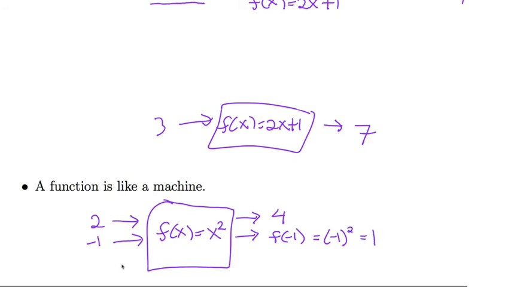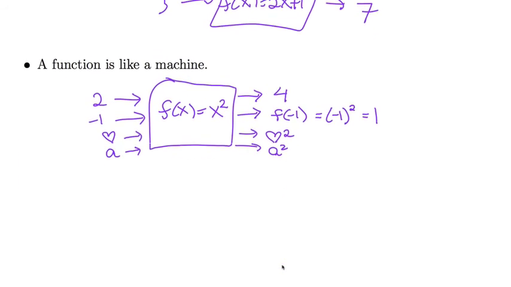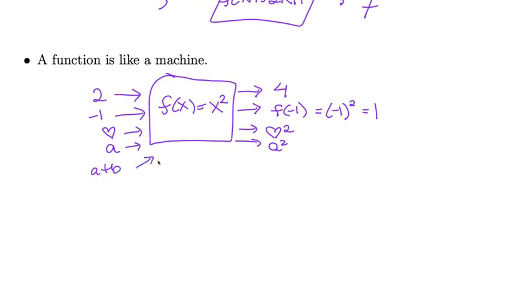If I put in a heart, it outputs heart squared. If I put in the letter a, then I get back a squared. If I put in a plus b, then I get a plus b all squared, whatever a plus b might be.